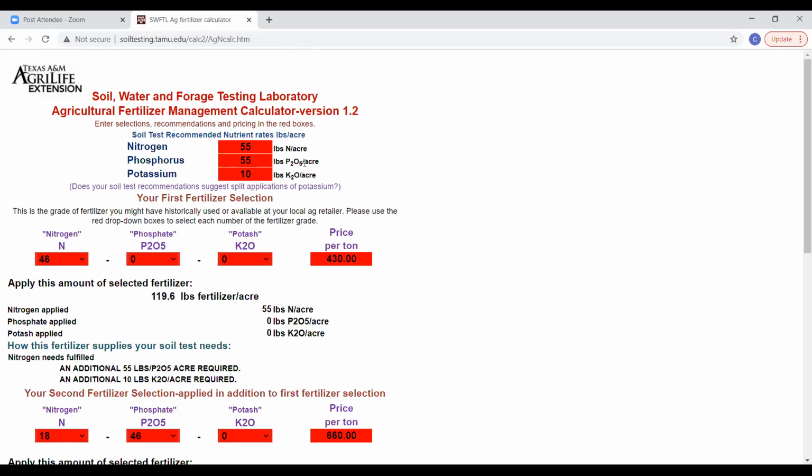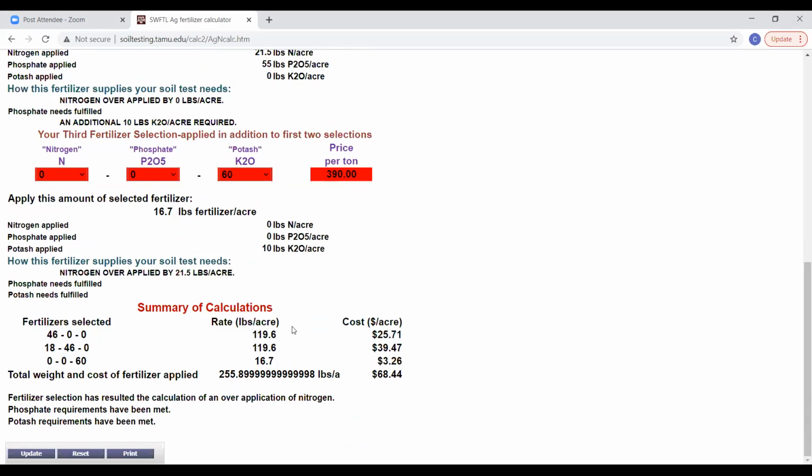So the receipt that you're going to get from the fertilizer dealer is not going to have 55, 55, 10, which is what we would think a lot of times it would have. They're going back down here to this section and they're calculating it out even more.